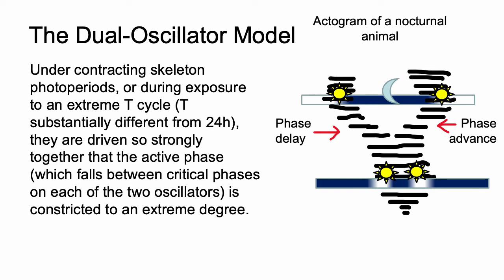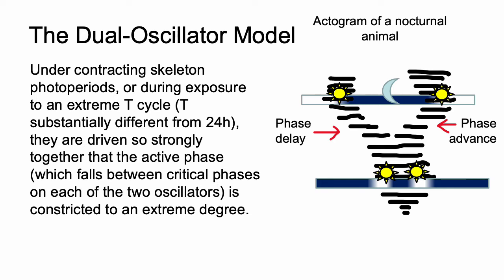And this active phase is what falls between our two oscillators, which is what's being compressed together. So you can see here in this graphic, our two oscillators are being pushed together by light on each side until they couple. And then we have this skeletal photoperiod now that I have graphicked here.